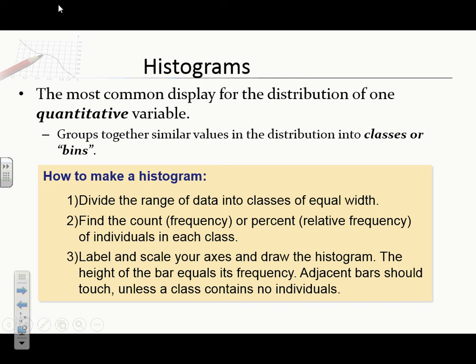And then draw your bars. So draw like you would a normal bar graph. The only difference is all of the bars have to touch each other unless there happens to be a gap. So if there's a specific class where there were 0 individuals, you would leave that as a gap on your display.